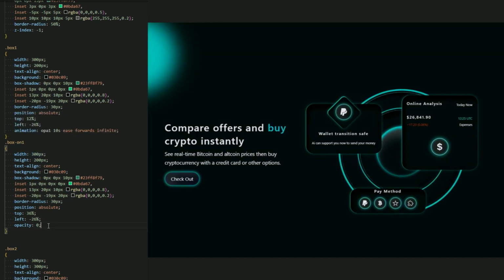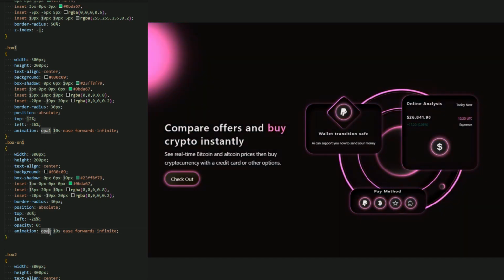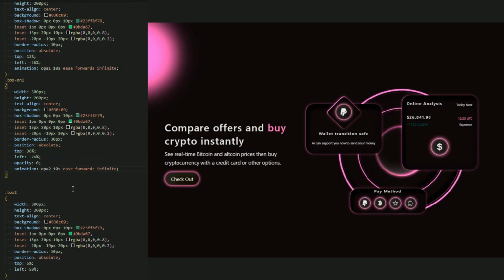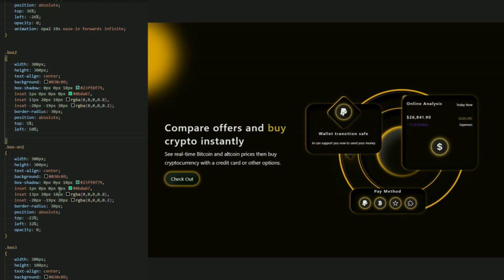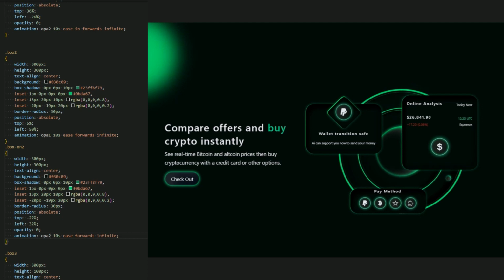So change the name of the animation to OPA2, and let me ease in. I just forgot to add it, guys, I'm sorry. So OPA2 for this and OPA1 for the other. Yeah, let me ease in.